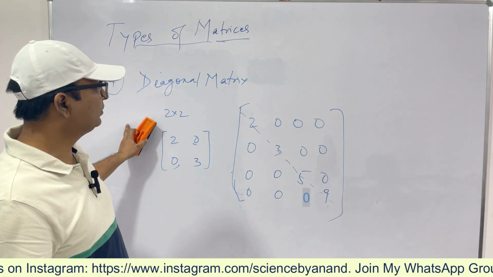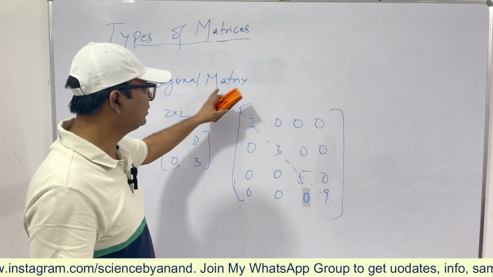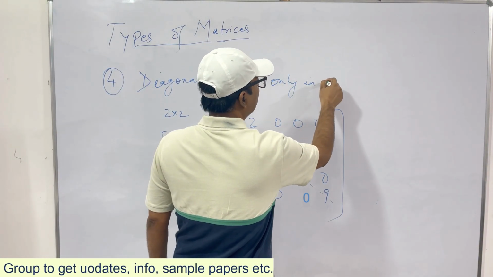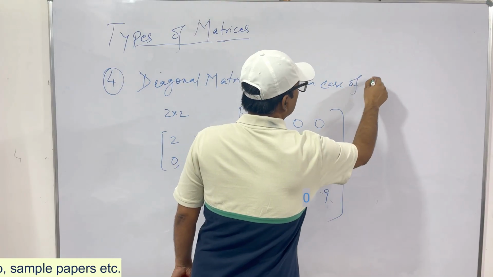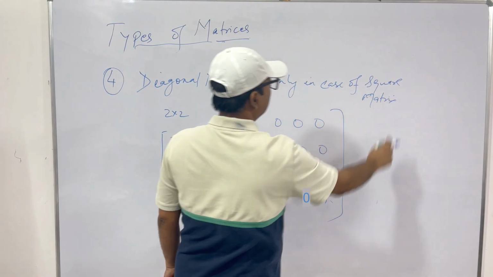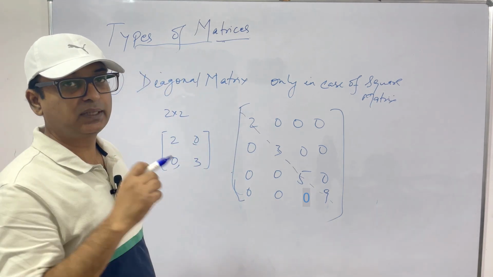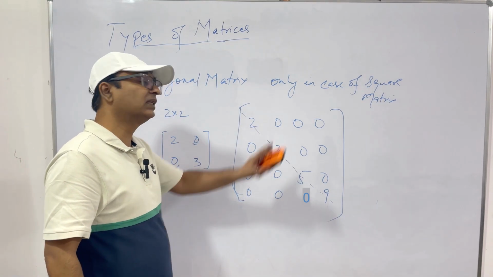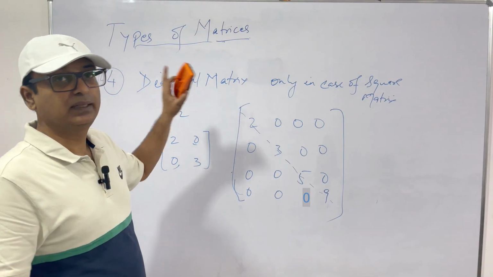And one more thing to remember here is that we get a diagonal matrix only in the case of a square matrix. Clear? If you have a column matrix, you won't get a diagonal matrix. Only when we have a square matrix and all the non-diagonal elements are 0, we call it a diagonal matrix.